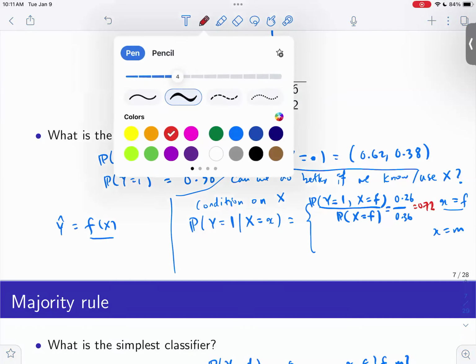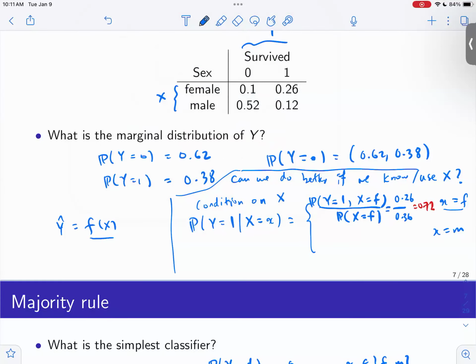The other one is calculated similarly, right? So can anyone tell me what this one would be? The probability of Y equal to 1 given that X is equal to male, or M. We have 0.12, right? Divided by the marginal, which is, sorry?